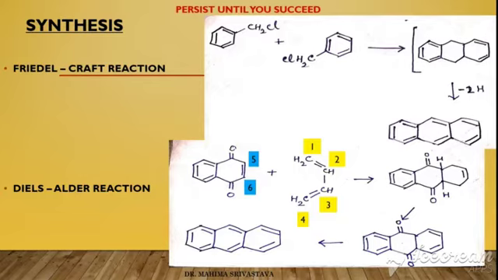Now, electrons from the double bond between C1 and C2 relocate themselves between C2 and C3.